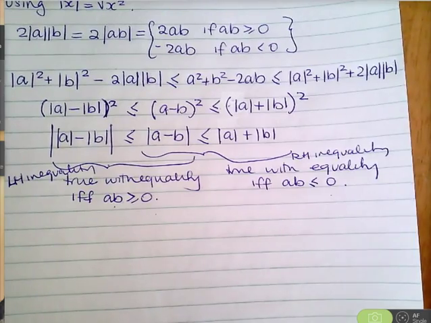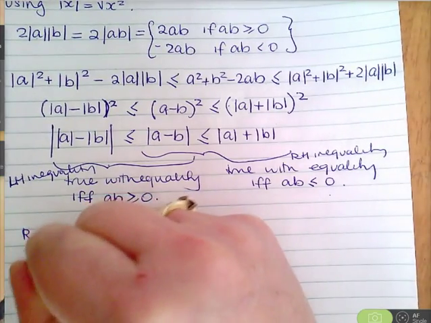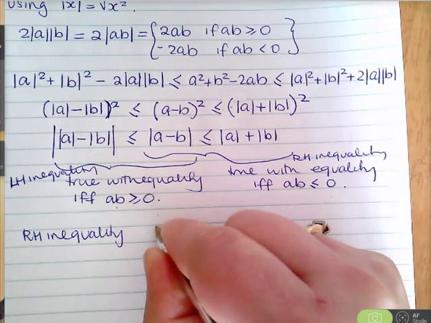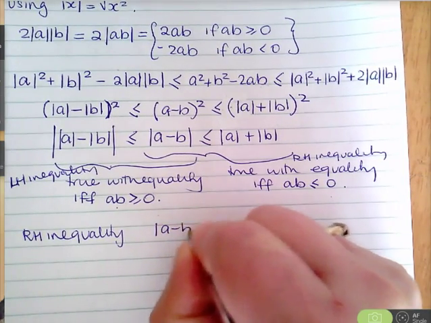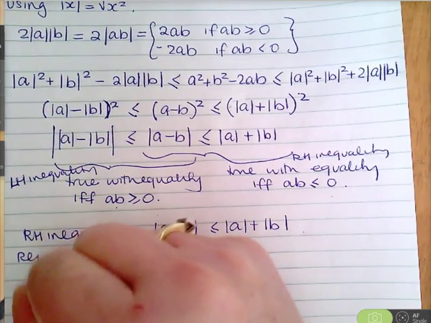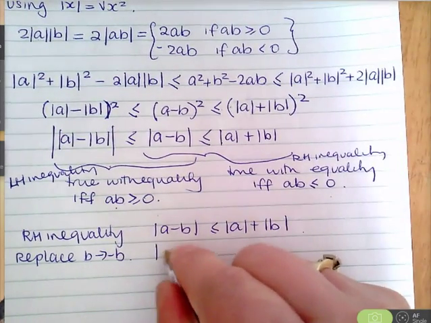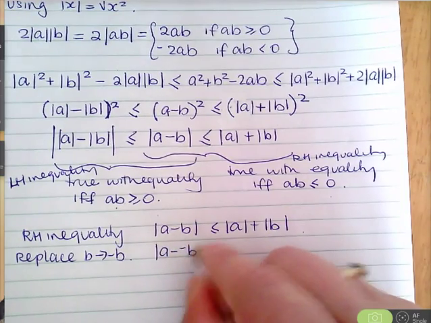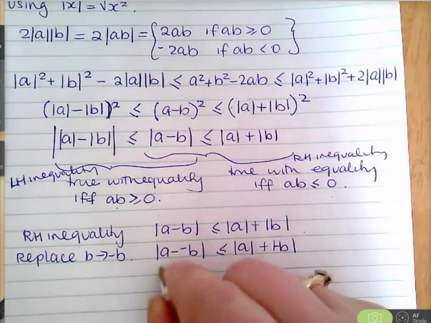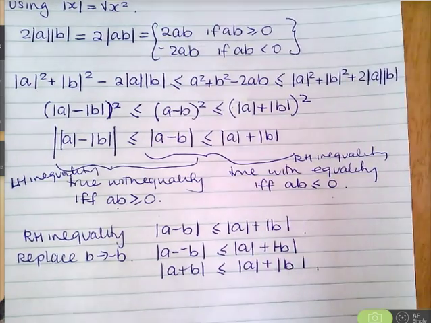Now, if we replace b with minus b in the right-hand inequality, which is the absolute value of a minus b is less than or equal to the absolute value of a plus the absolute value of b, then we get the following: the absolute value of a plus b is less than or equal to the absolute value of a plus the absolute value of minus b, which is the absolute value of a plus the absolute value of b.